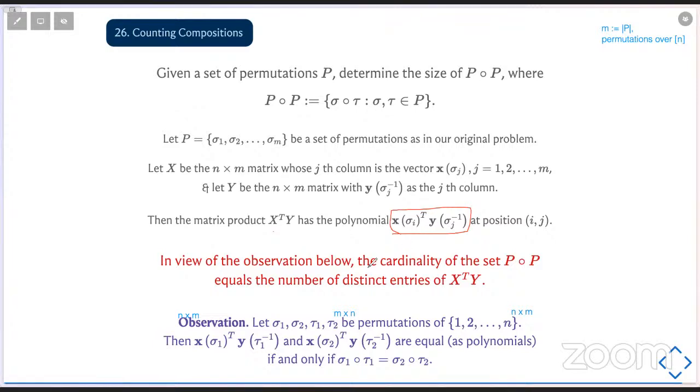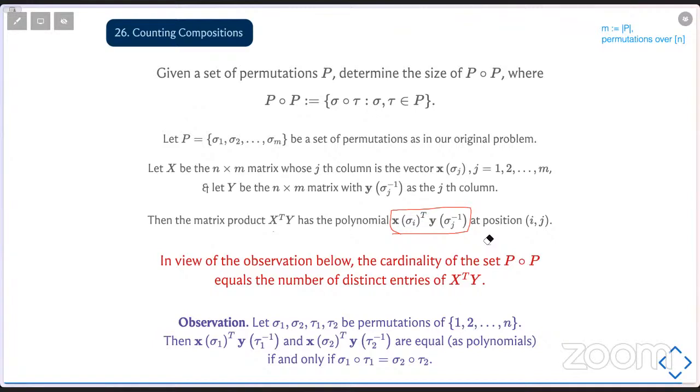Because of what we have said about how pairs of permutations that compose to give you the same permutation also manifest the same polynomial, we are only looking for the number of distinct polynomials in our matrix product.